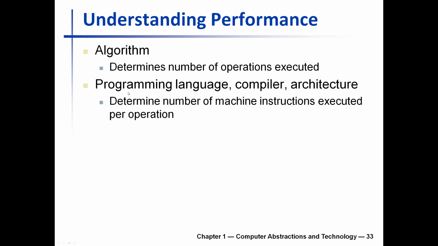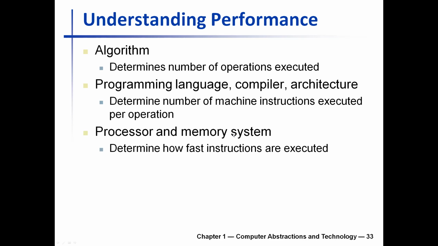Based on what sort of constructs and statements the programming language allows, and what sort of instructions we have in the instruction set architecture, atomic instructions, and then how the compiler uses those atomic instructions to compose a list of assembly instructions for the same software program. All these things affect the end result, which is the number of machine instructions executed to get that operation done, right? So at the system level, we are going into a smaller granularity compared to the algorithm.